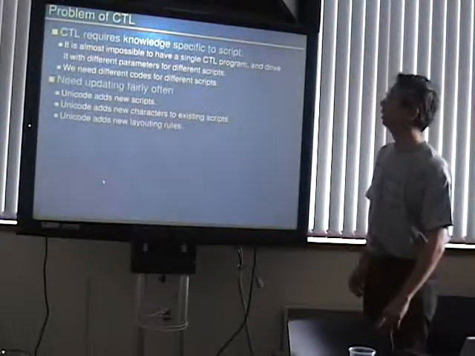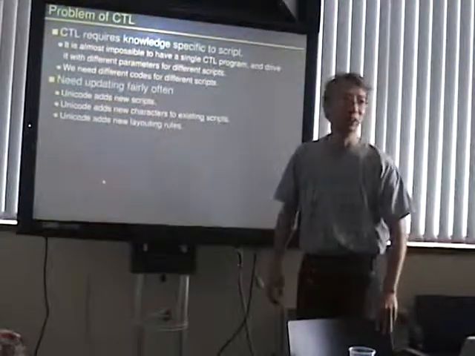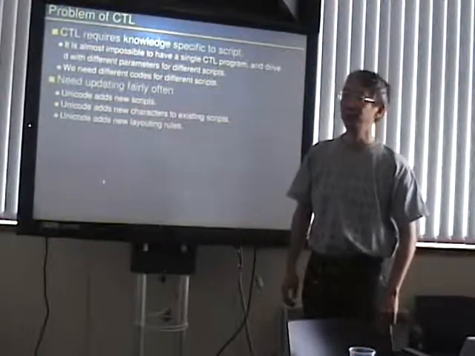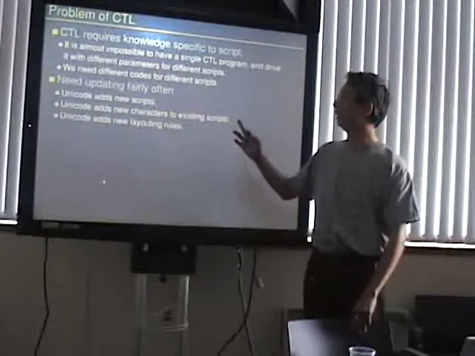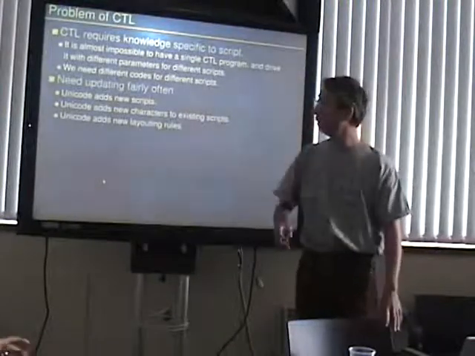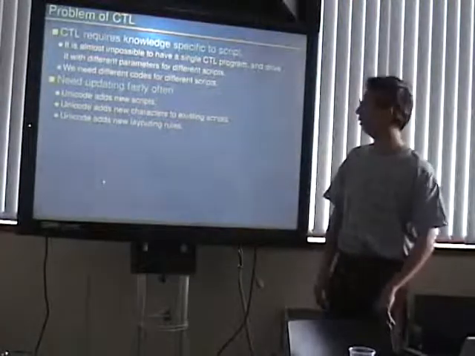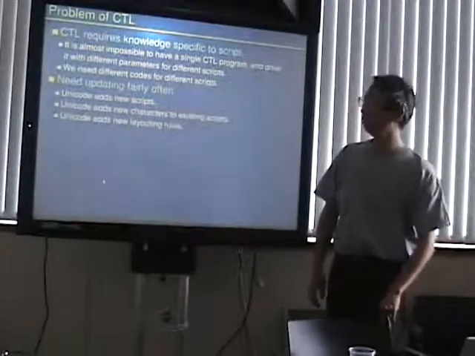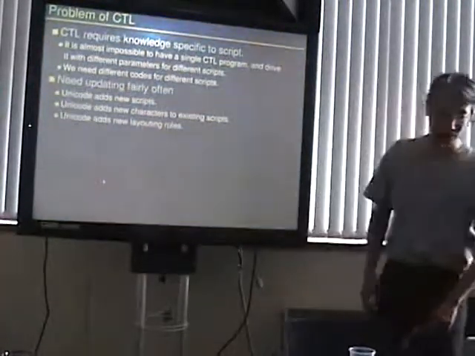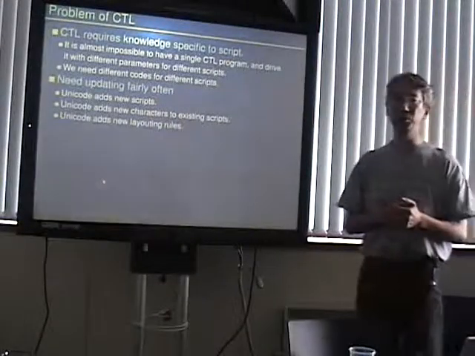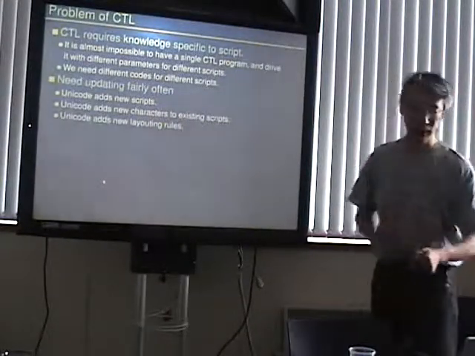And currently, and for at least another 10 years, we need updating very often. Unicode adds new scripts, Unicode adds new characters to existing scripts, and also Unicode adds new layout rules. So the CTL program should be updated quite frequently.